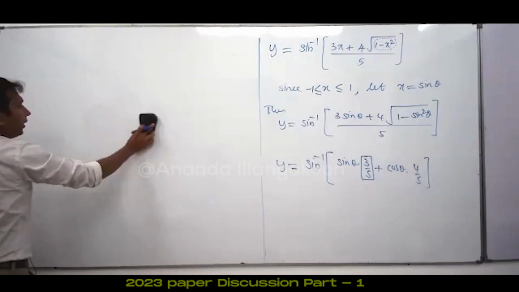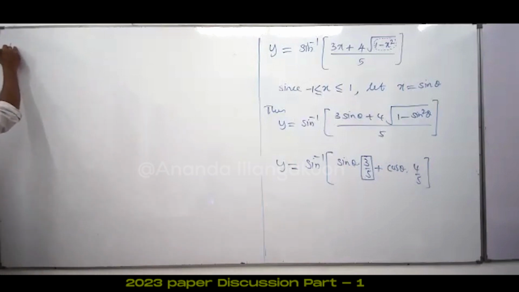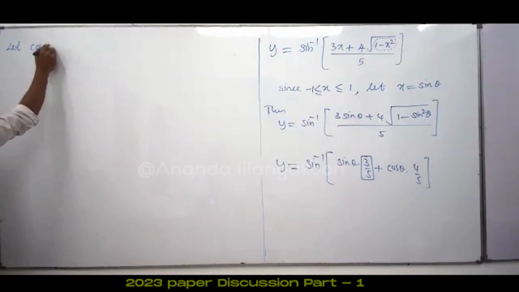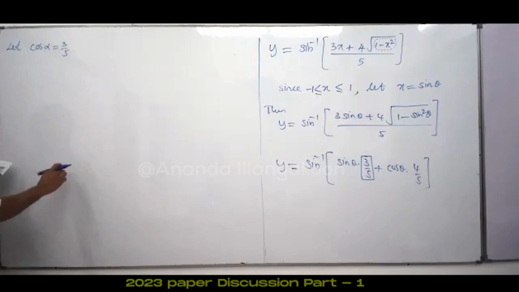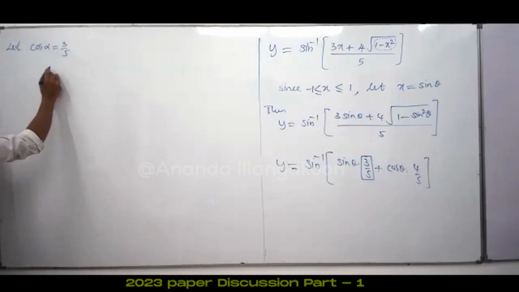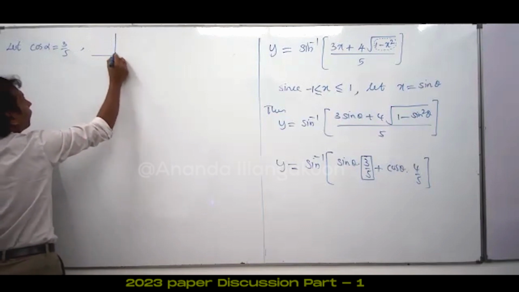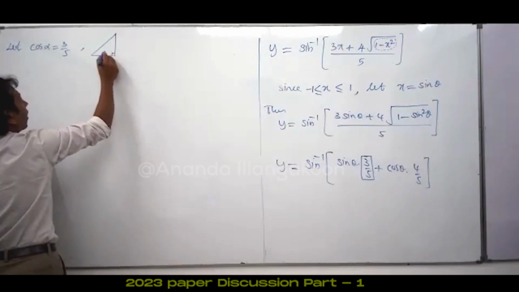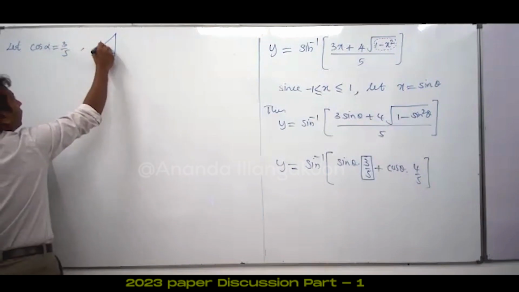Then you are sure that 3 by 5 we can write as cos of an angle. I will take that angle as alpha. Let cos alpha be 3 by 5. Then for this cos alpha, if you draw a right angle triangle like this, this is alpha, adjacent side is 3, hypotenuse is 5.